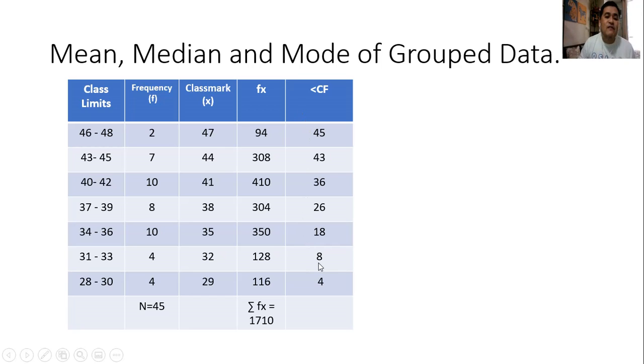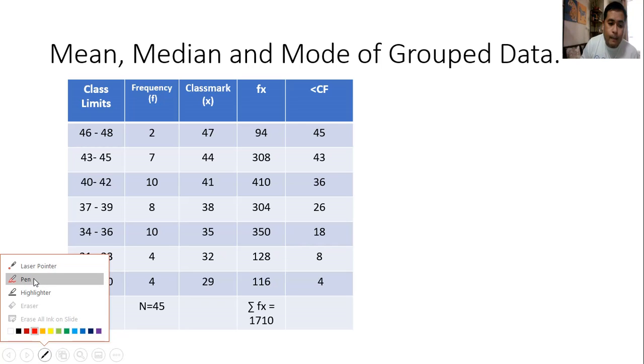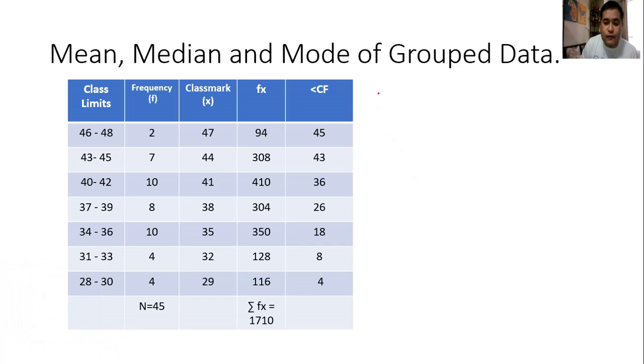If you have this table already, you can now compute for the mean. What is the formula for your mean? Usually, mean is computed as x bar equals the summation of fx divided by the total number of observations.